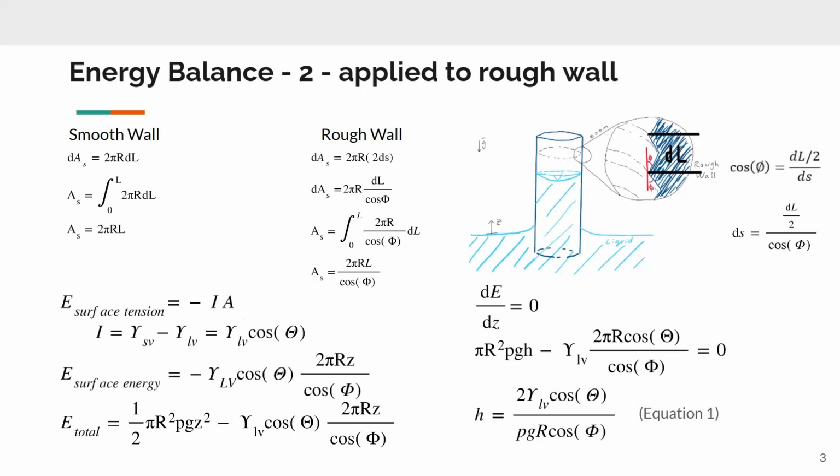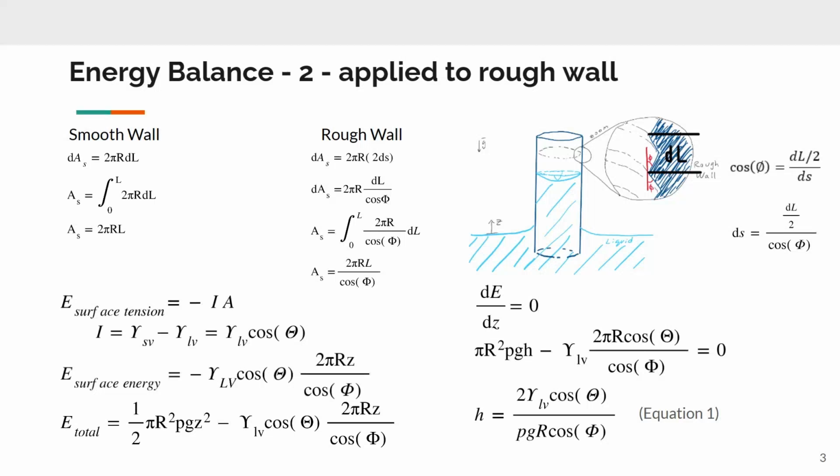We set a differential element to include both orientations of the angled rough surface. We can use the cosine of the phi angle to relate the normal distance and the slanted surface distance. Plugging that into the general equation for surface area, instead of 2 pi RL, we end up having that divided by cosine phi.